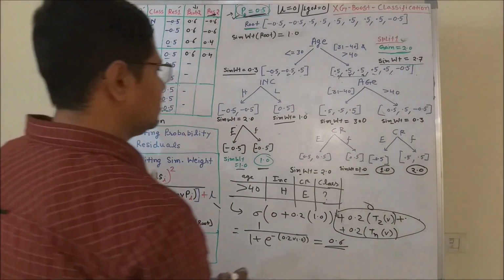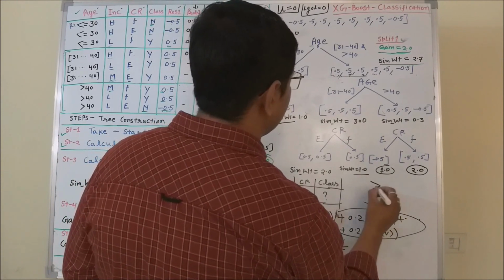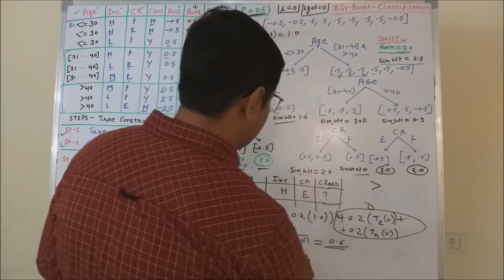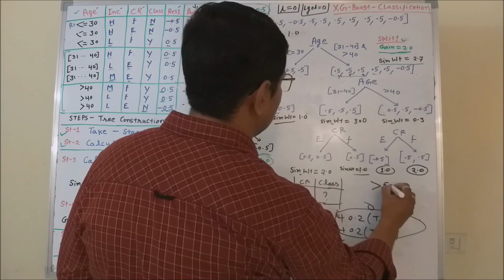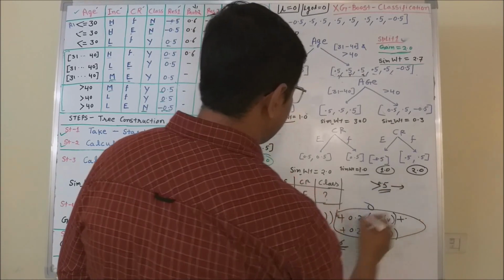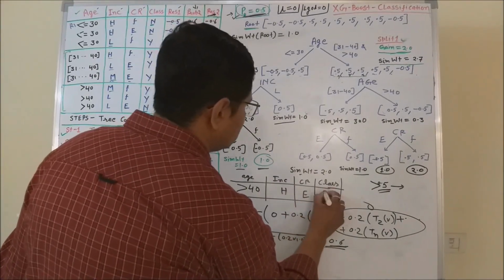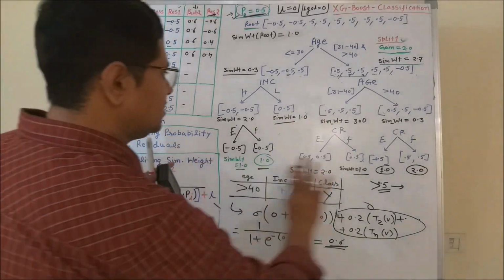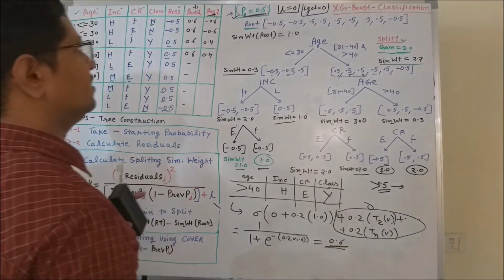So this value is greater than 0.5, so we consider that with this record our answer will be yes, people will buy a laptop. So this is the way to apply XGBoost in classification.